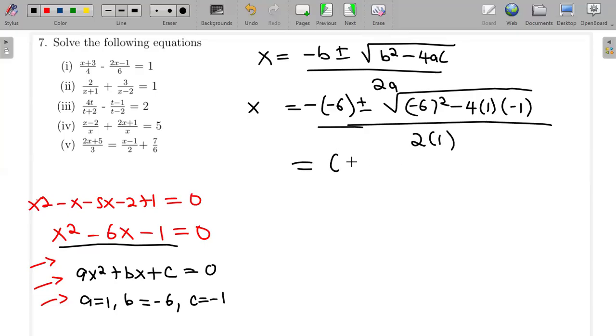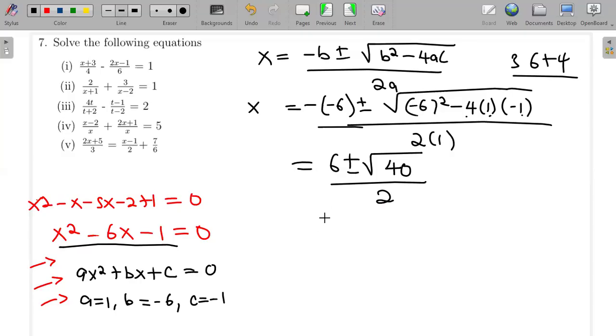So this will just be 6 plus or minus the root of, inside the root there, minus 6 squared, it's 36. And then minus 4 multiplied by 1, minus 4 multiplied by negative 1, positive 4. So that will be plus 4. So if I add this under the root, I'm just going to have 40. And then divided by 2.